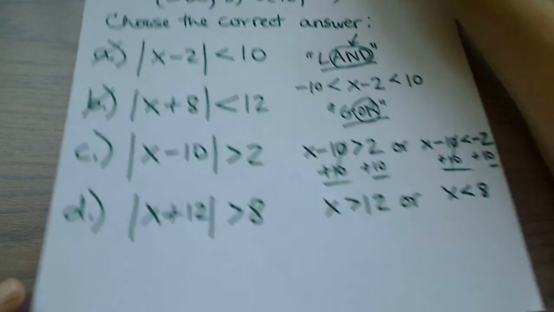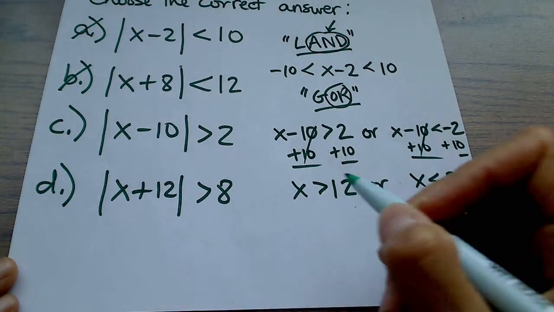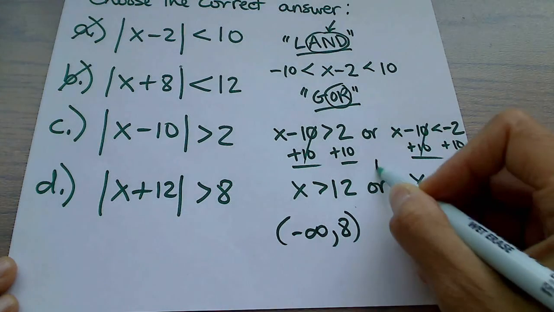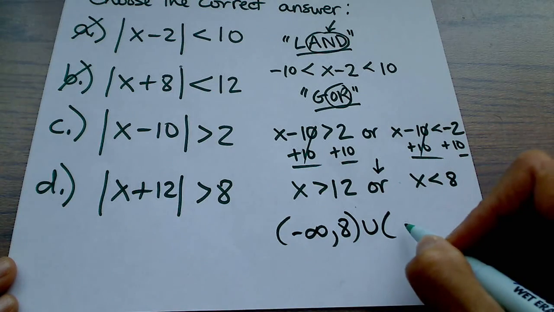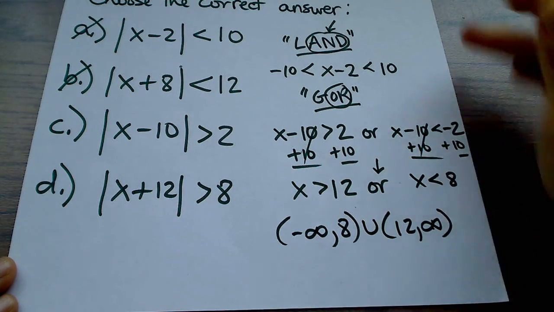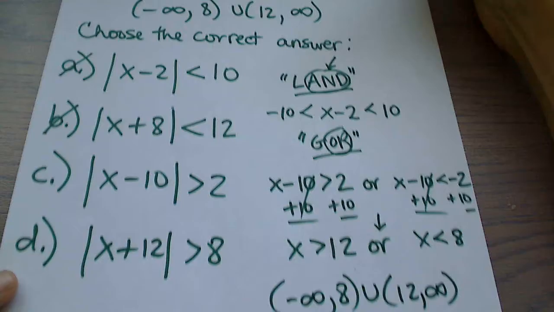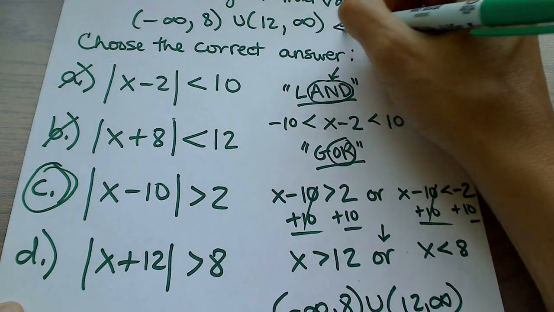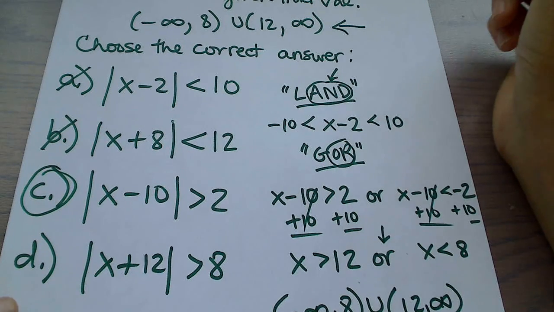If we were to now put this in interval notation, it would be negative infinity up to 8. The or is always a union symbol, and then we're going from 12 out to infinity. Okay, so it looks like C matches, giving us this solution right here. And that's it for this problem.